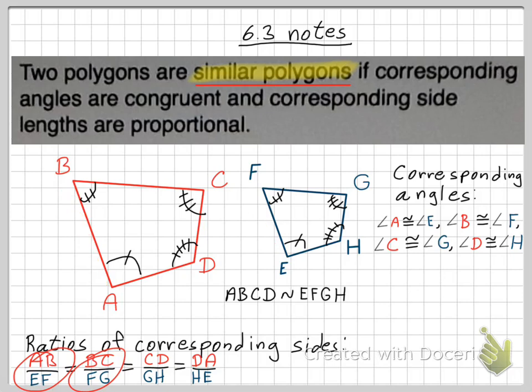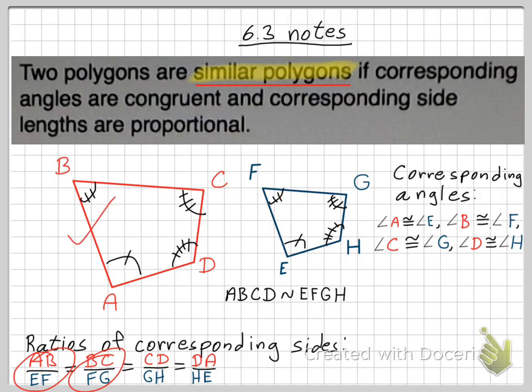And also, that would be the same as CD divided by GH, and the same as DA divided by HE. Now again, just to emphasize, side length AB does not equal side length EF. Clearly, AB is longer than EF.